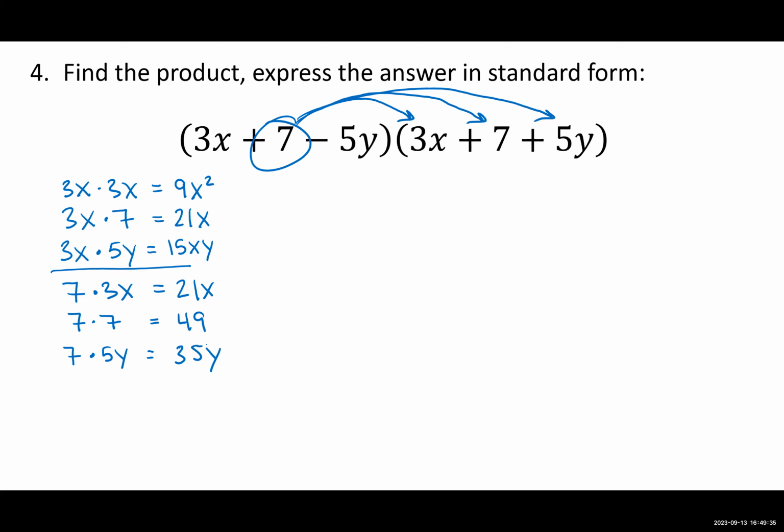Okay, so that's the 7 multiplied by each term in the second parenthesis.